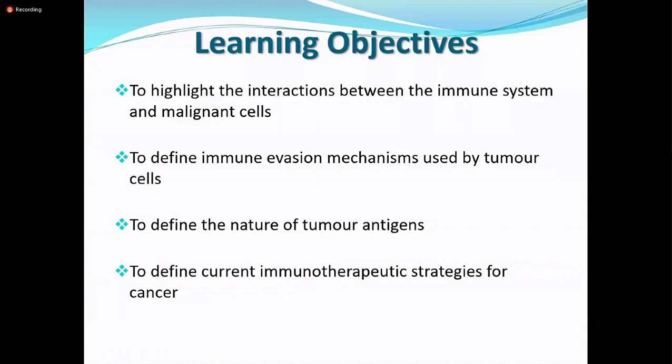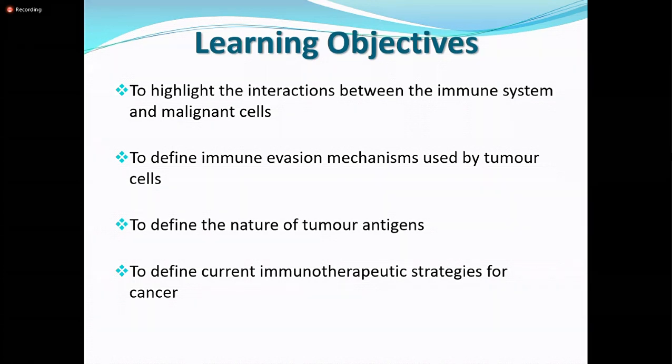But then, just like you've learned in microbiology, you have this constant evolutionary battle between the immune system and pathogens like the microorganisms or tumor cells to try to evade the immune mechanisms.